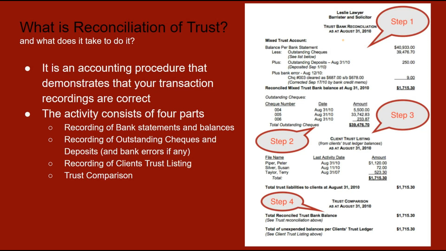Now this third step, which is very critical and a big differentiator between your trust reconciliation report and your general reconciliation report, and sometimes even asked as a separate document for your audits, is what's called a client trust listing. So the client trust listing is nothing but an accumulation by file, by date, by customer, with the total amount in place for that particular customer.